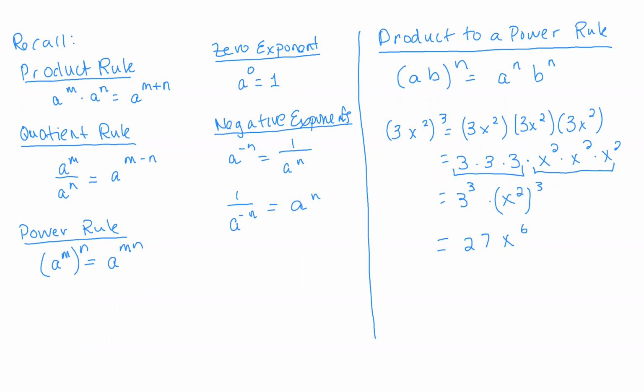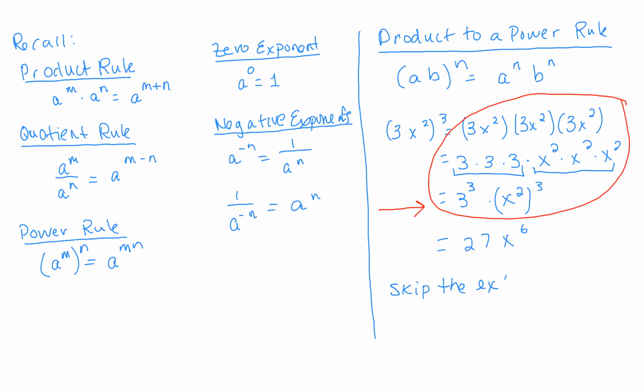So the cool thing about this rule is we can skip all of this extra work right here. We don't have to do all of this. We can just jump straight here. Okay, so with this rule, you can skip the extra steps.